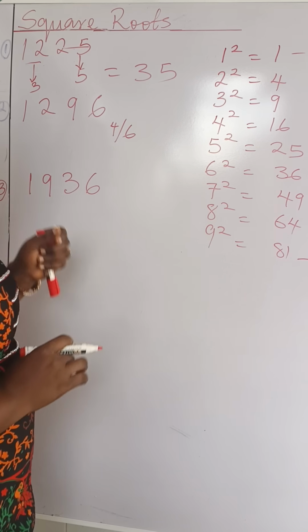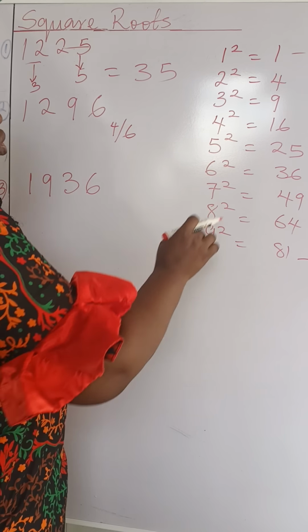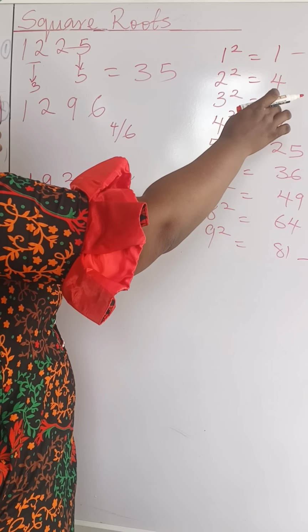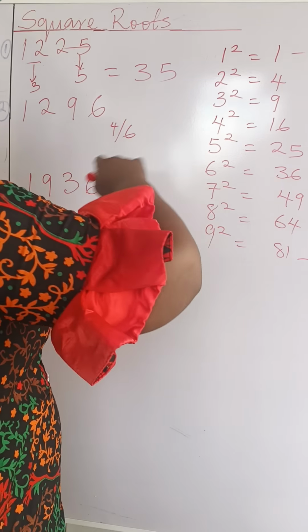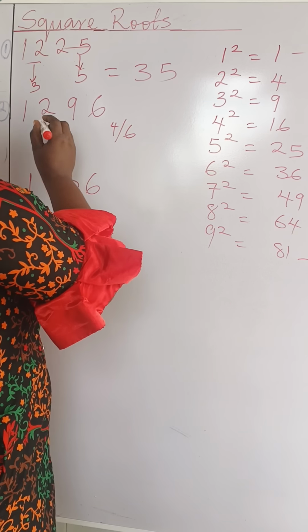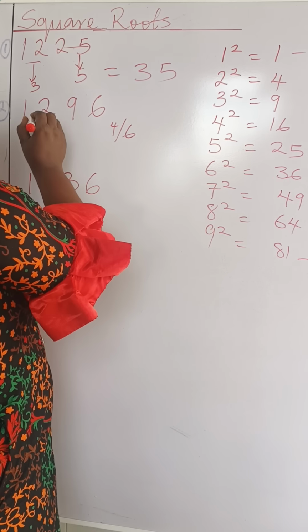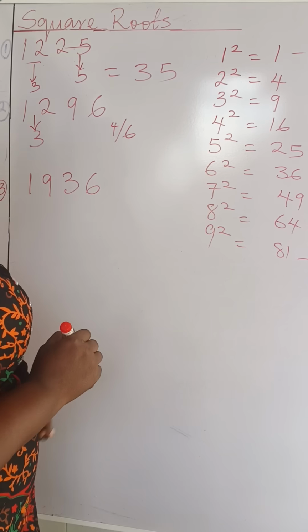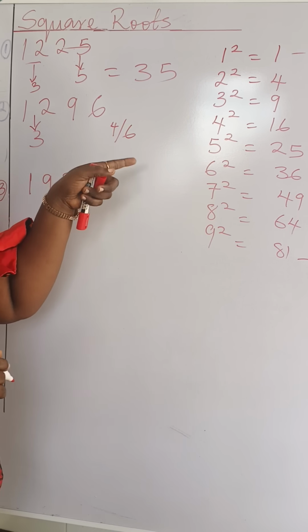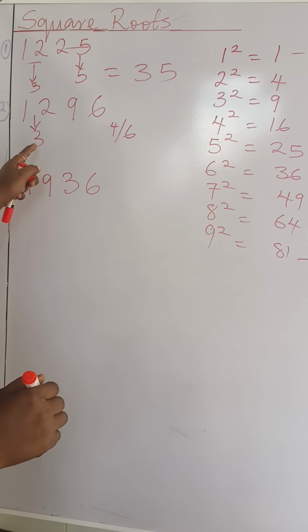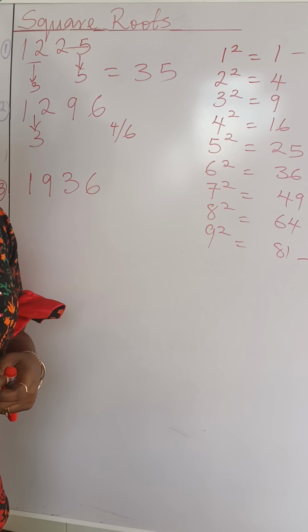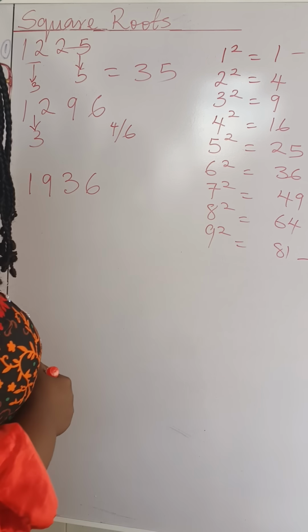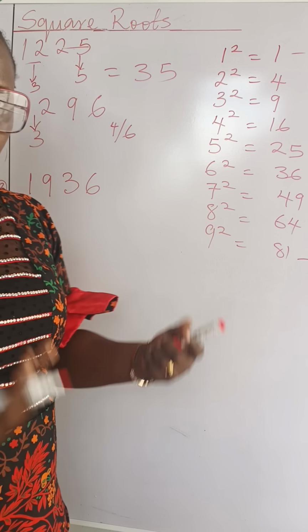We'll go over to 12. Which number is close to 12 here? Is it 9 or 16? 16 is more than 12, and 9 is closer, so it's 3 squared. So we'll have 3 here. For us to get the one to use, we multiply 3 by the next number after 3, which is 4. So 3 times 4 is 12.